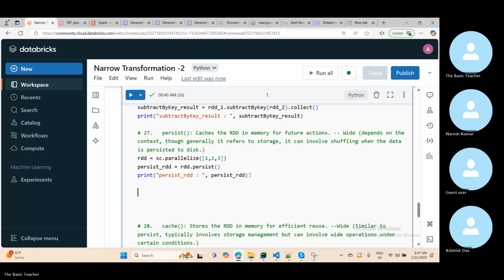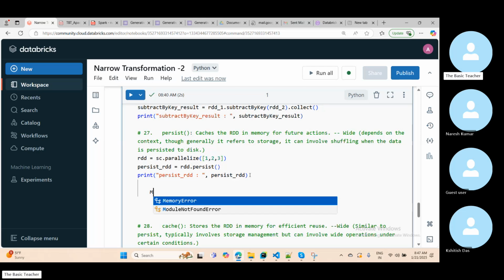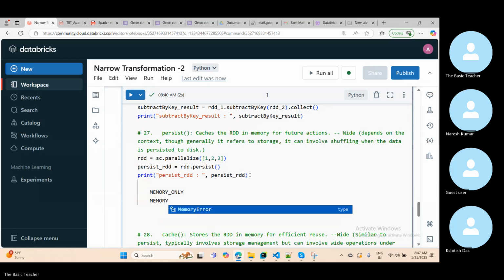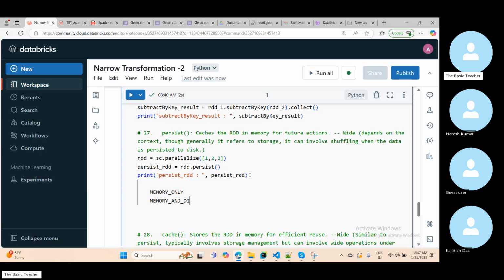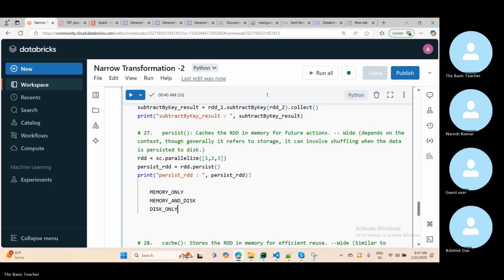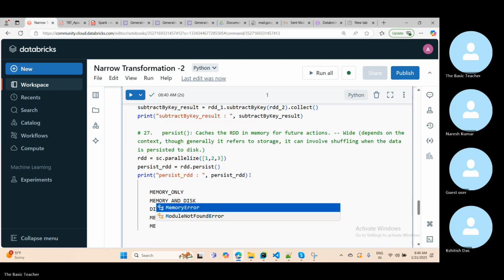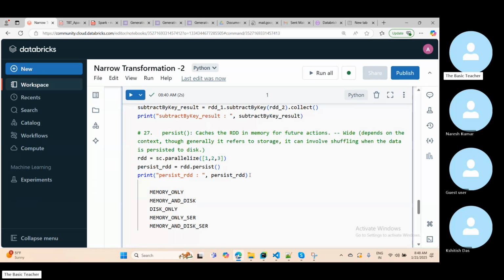One is memory only, then we have memory and disk, then we have disk only, and then memory and disk serialized. Off-heap is also there.